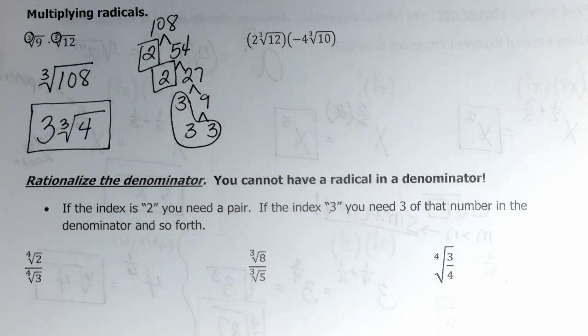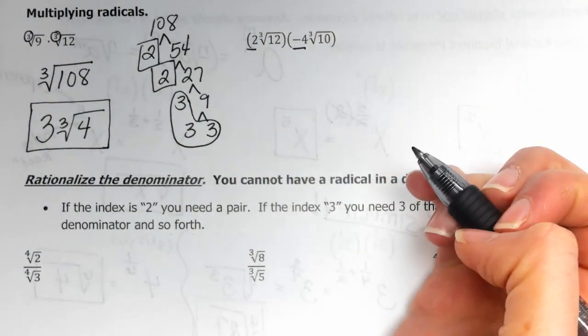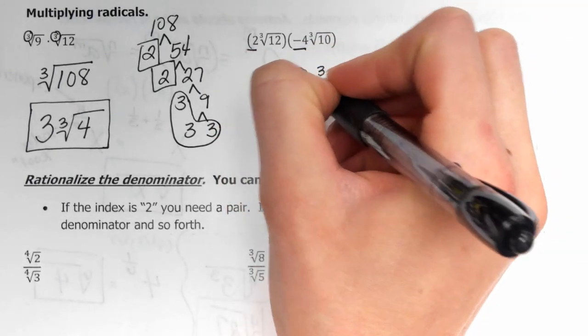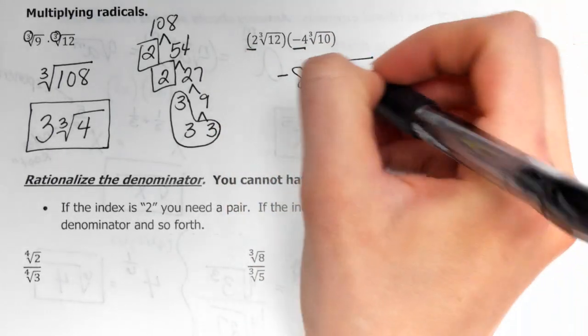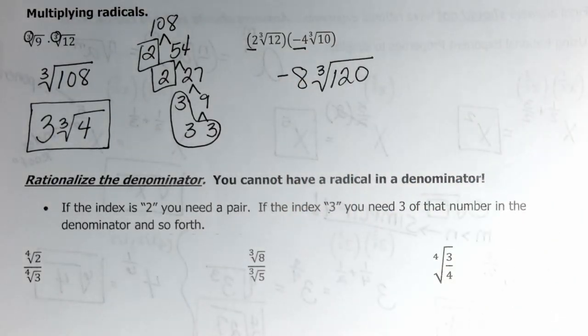Now I've got 2 times the cube root of 12 times negative 4 times the cube root of 10. They're still the same index, same root. So I'm going to take my outside times outside. 2 times negative 4 is negative 8 times the cube root, 12 times 10 is 120. When you reduce that, you only reduce what's underneath the radical.